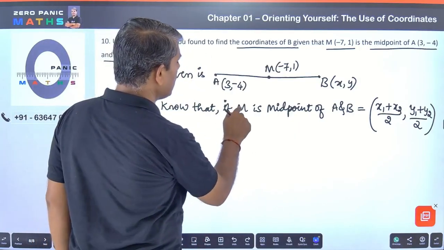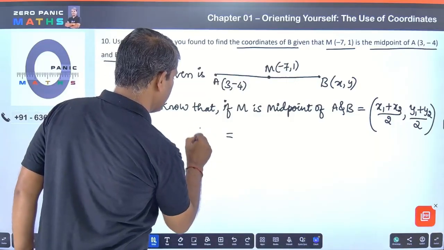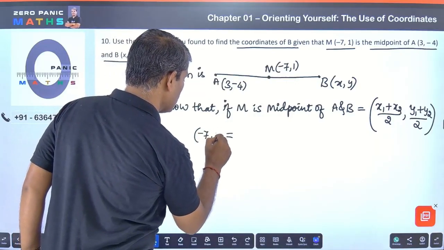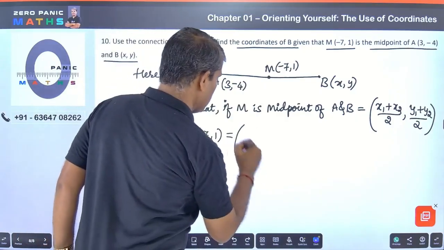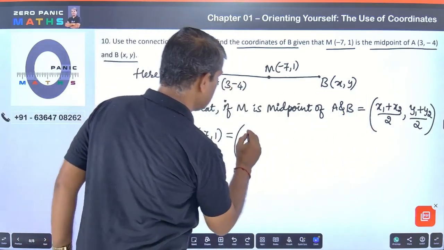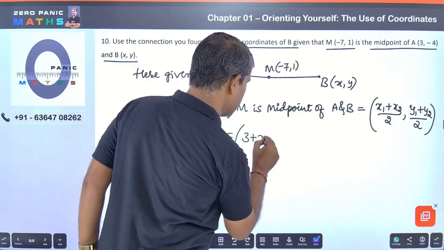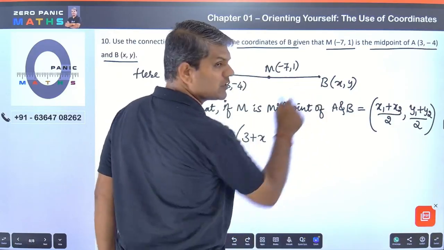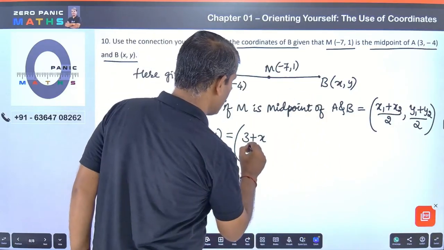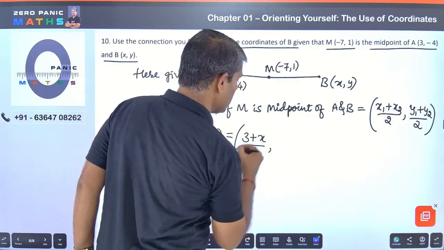Now use the same thing here. What is M? M is minus 7 and 1. What is x1? x1 is 3. What is x2? x2 is x, the x coordinate of the second point. Divided by 2, comma.